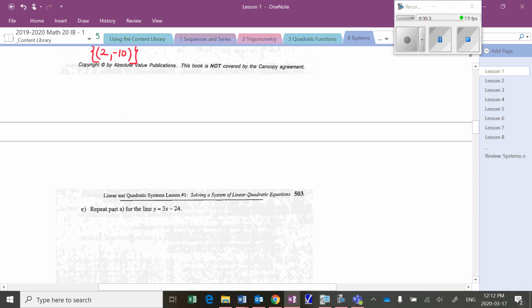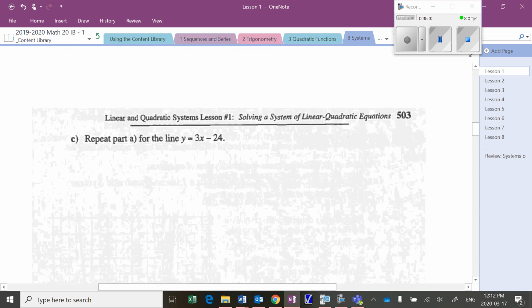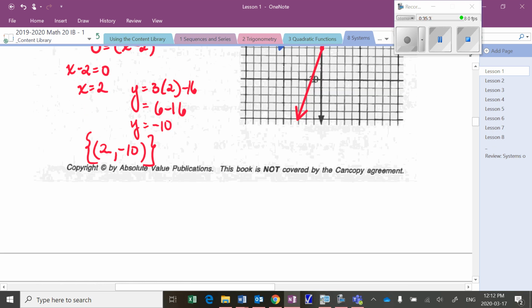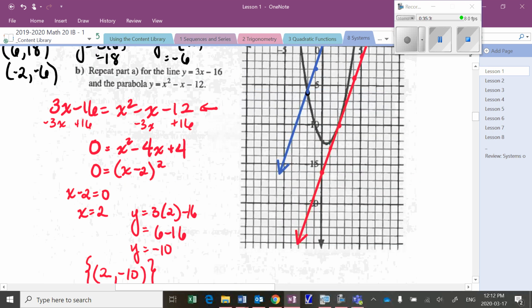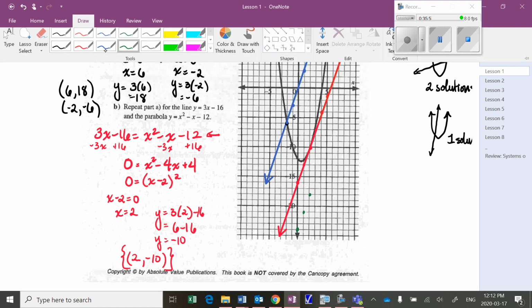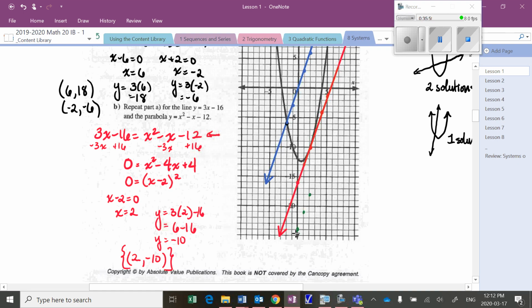So if you turn to that next page there, it says repeat part A for y equals 3x minus 24. So we can already see graphically, visually, or I hope you can anyways, that with a y-intercept now of negative 24, 1, 2, 3, 4, this is totally going to miss the mark, and we're going to have 0 solutions then.